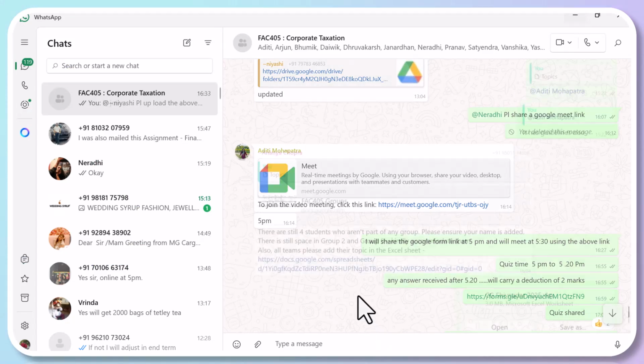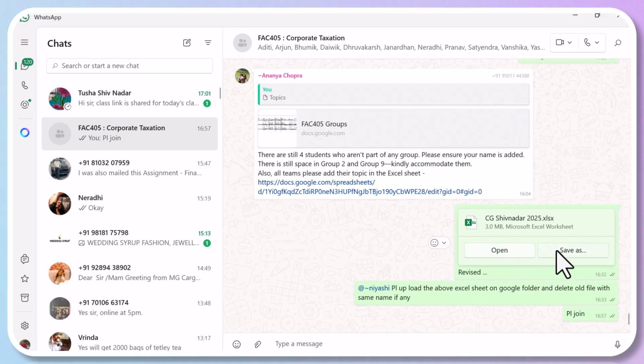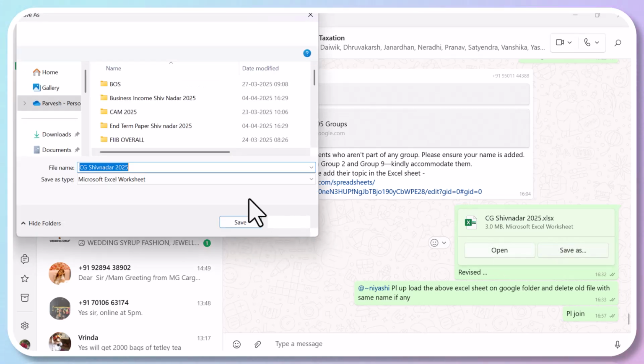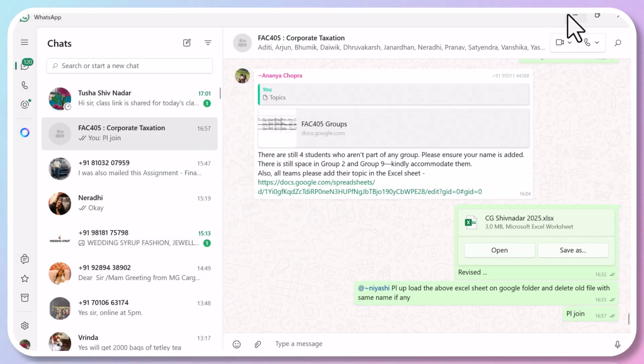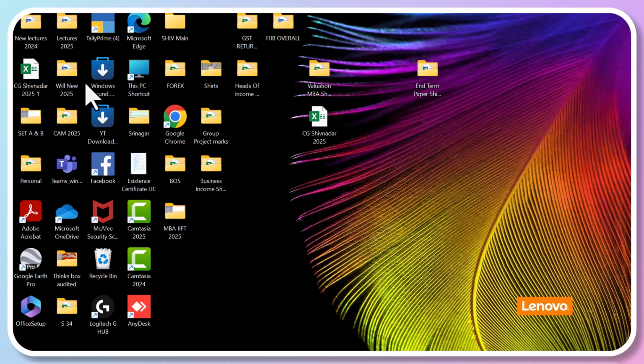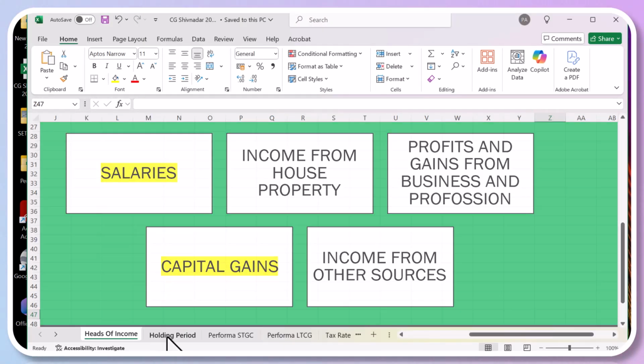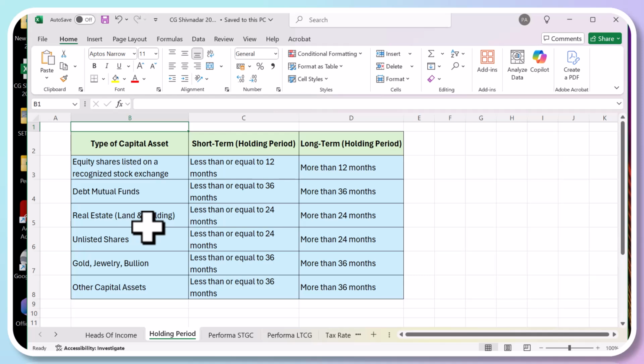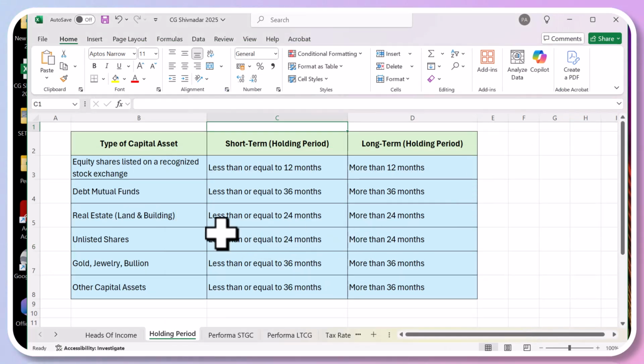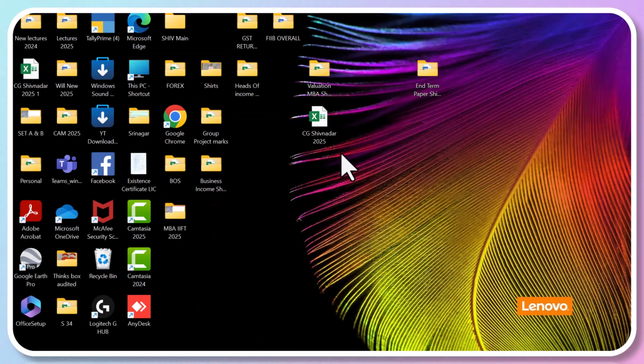I'll be downloading the file from the WhatsApp group because I made some change here. This has not been captured here also. I think it might not have saved. Made some changes. Let me just see.